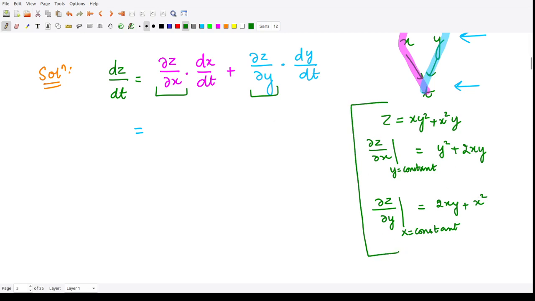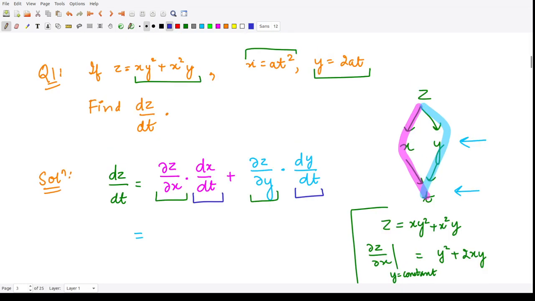Next, moreover, what do you want? You want dx upon dt and dy upon dt. So what would be dx upon dt? This is your x. So dx upon dt would be the complete derivative of x with respect to t. So that is very simple, that is 2at, and the complete derivative of y with respect to t is equal to 2a.